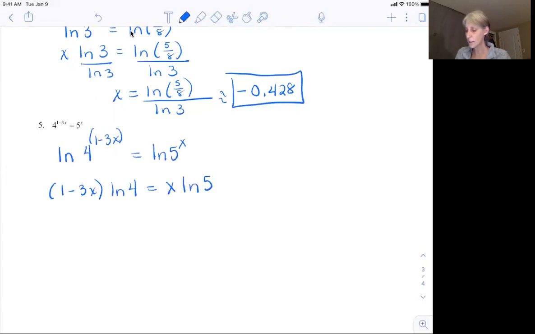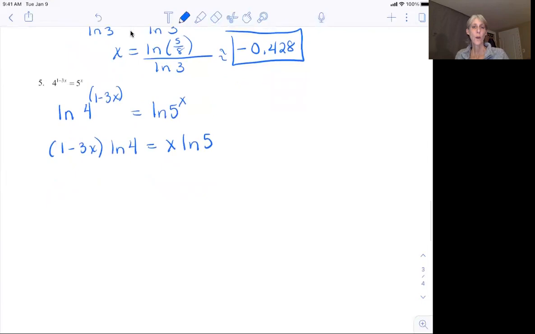And my goal is to solve for x. So I have an x on each side of the equation. What I want to do is move my x's around. So I'm going to distribute ln of 4, multiplying by the 1 minus 3x: ln of 4 equals x ln 5.